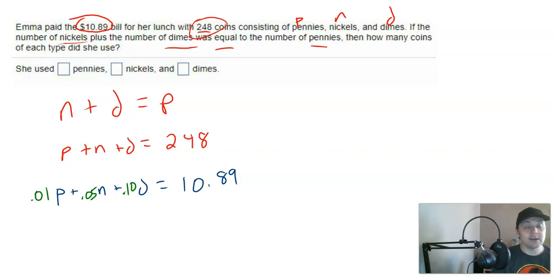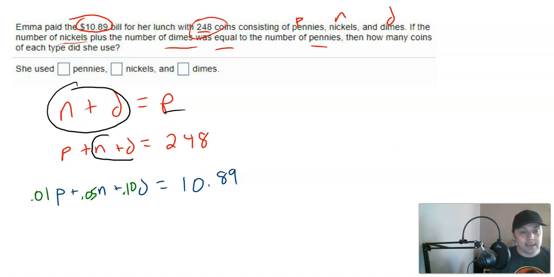Now the shortcut here, which is very rarely available, and there's a couple ways you might see it, but the way I'm looking at it is this first equation tells me that N plus D is equal to P. And I just so happen to have N plus D in my second equation.